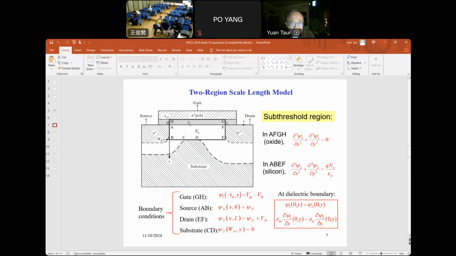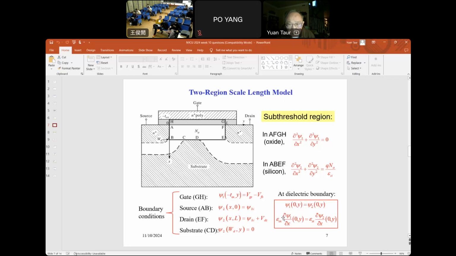Vertical field means perpendicular to the interface. So that's in the X direction. Lateral field is in the Y direction. Okay, so you can see that that's the vertical direction. Vertical field or normal field, perpendicular field, and the lateral field is parallel to the interface.